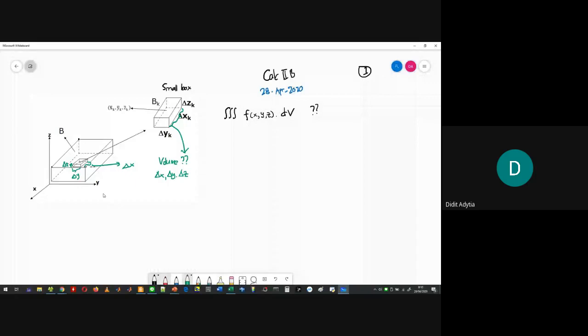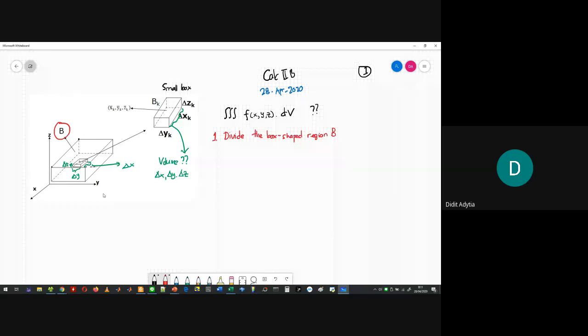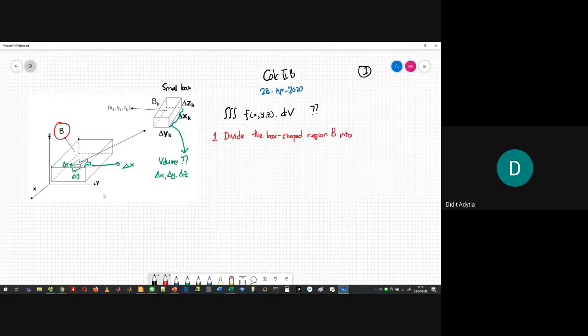Okay, now we try to divide it. First one, divide the box shape, region B, which is this one, into n parts.